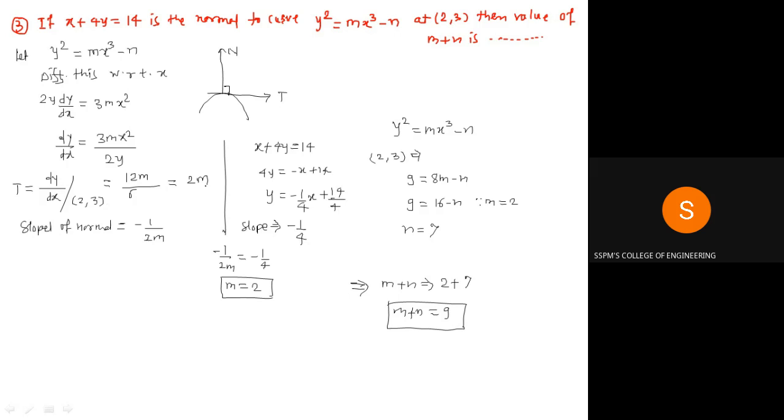Yes, dy by dx means what, 2m, at which point 2, 3 is there. And once you are getting the slope of tangent, we can get the slope of normal. And slope of normal is minus times into reciprocal of slope of tangent, because product of slopes for both is minus 1. Okay, because they are perpendicular to each other. तो m plus n की वैल्यू आप लोगों को क्या मिली है? 9 मिलती है.